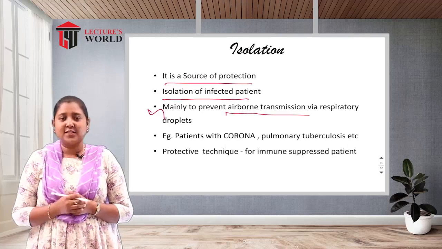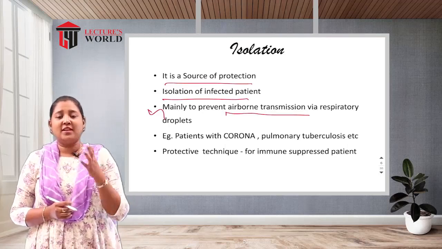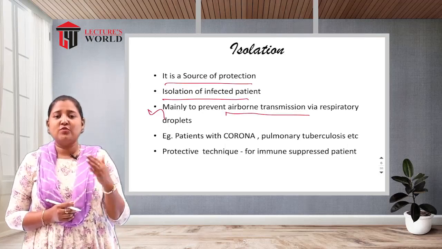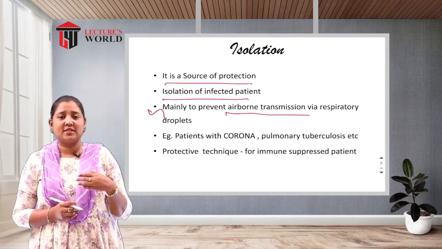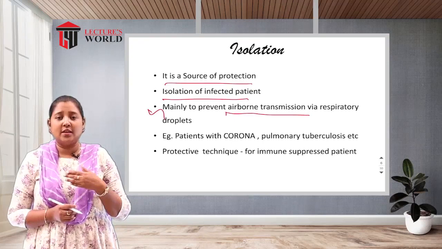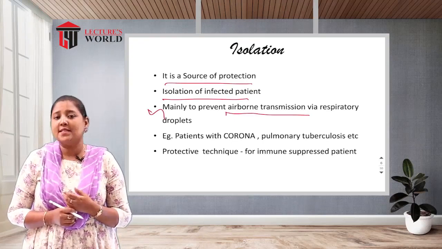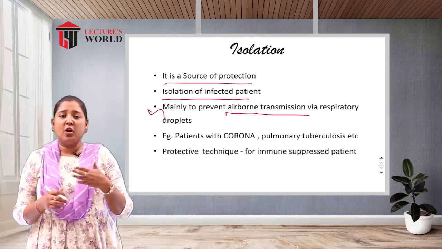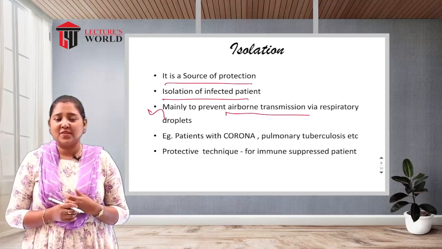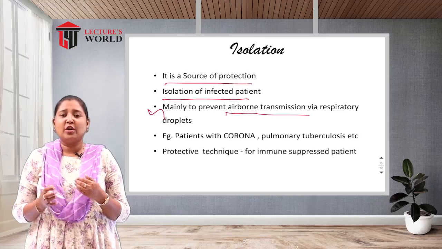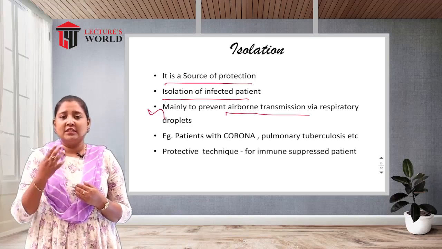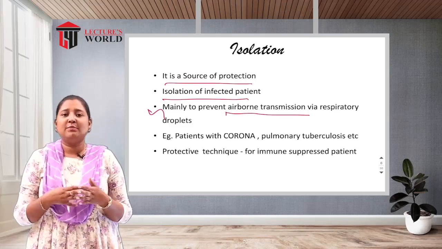What is airborne transmission? When air is surrounded with microorganisms, you keep them isolated from such airborne disease transmissions, especially droplet infections while we sneeze and cough. While we cough and sneeze, the droplets will be present in the air and circulating, and when infectious or immune suppressive patients inhale that air, the disease will cross to them.